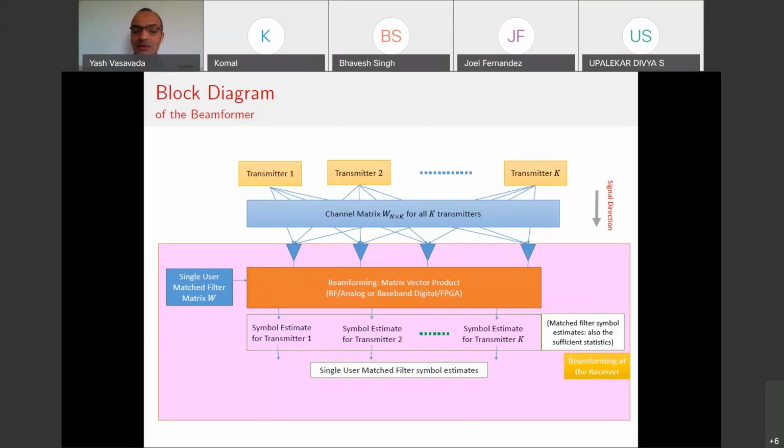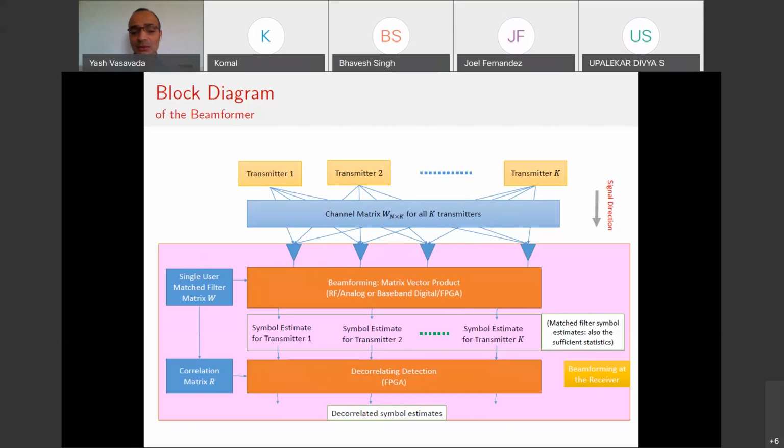What we have called the decorrelating detection takes this single user matched filter output and multiplies it with the inverse of R. And then what we get are decorrelated symbol estimates.